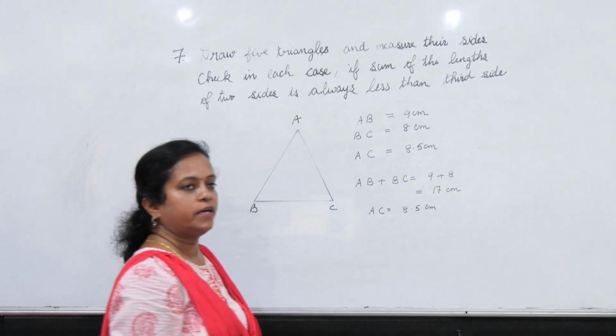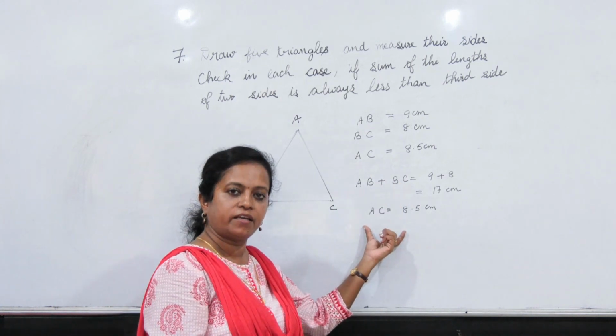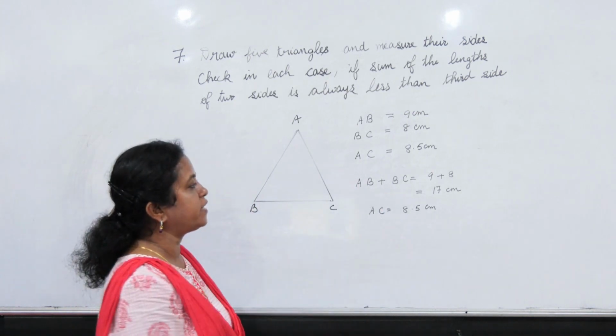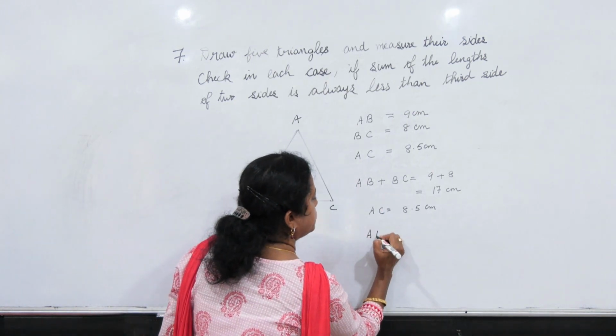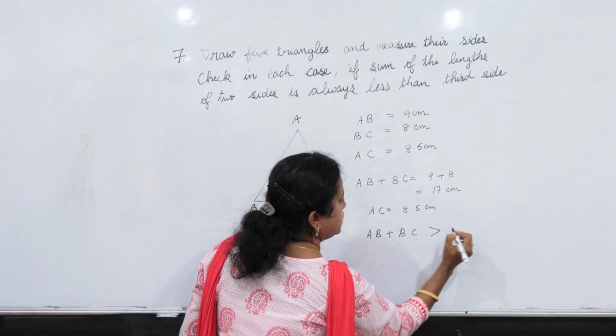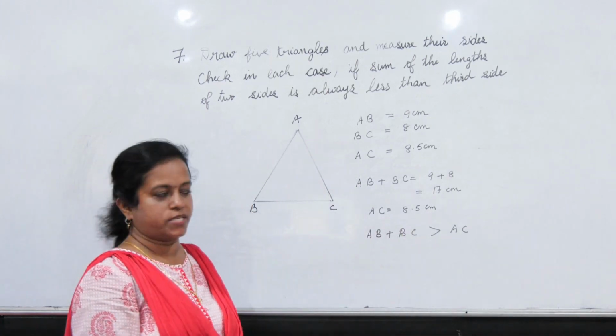What do you observe? Is AB plus BC less than or greater than AC? You will observe that AB plus BC is greater than AC. Let us check with any other 2 sides.